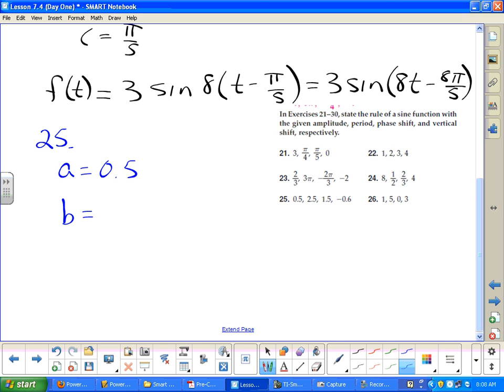B is equal to 2 pi divided by 2.5, which is 2 pi times 2 over 5, and we get 4 pi over 5. C is 1.5, so I'm going to write that as a fraction, 3/2, since I'm working with fractions. And D is negative 0.6.